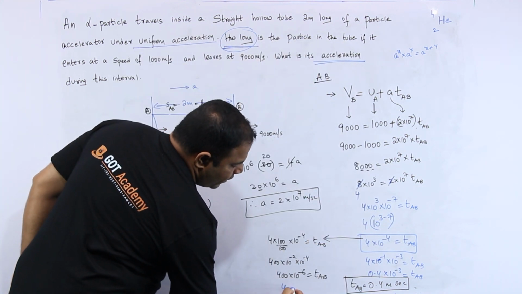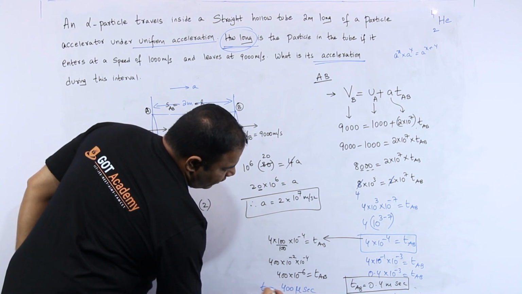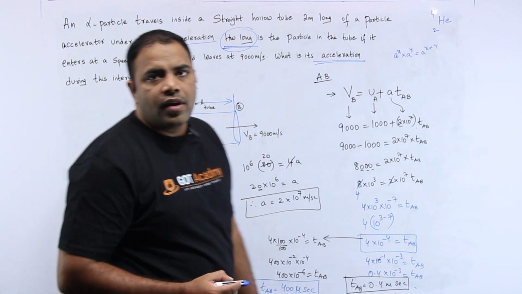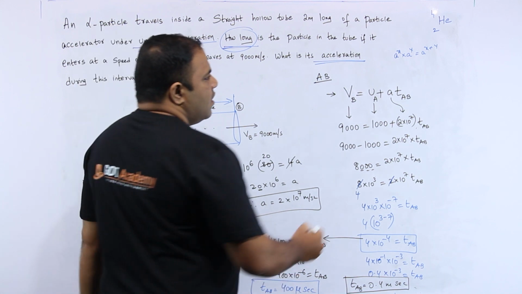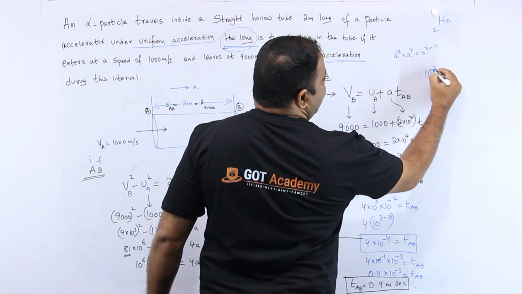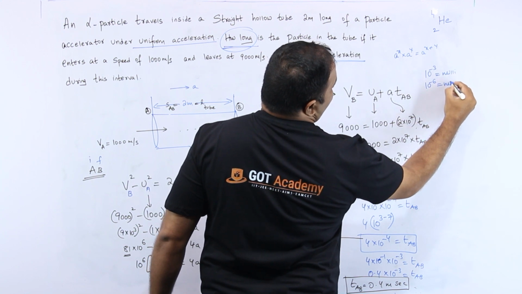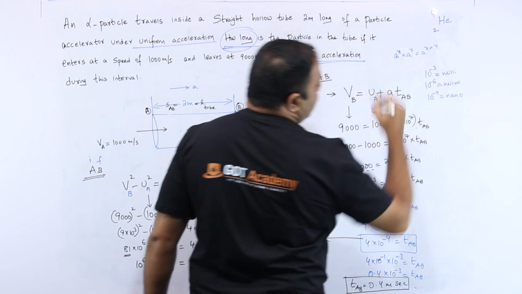So 400 microseconds is the time taken for the alpha particle to come out of the hollow tube. Okay, so both the answers are correct. So here I am telling you 10 power minus 3 stands for milli, 10 power minus 6 stands for micro, 10 power minus 9 stands for nano.